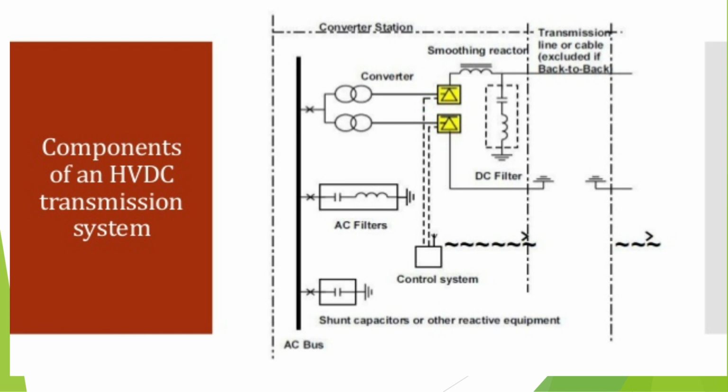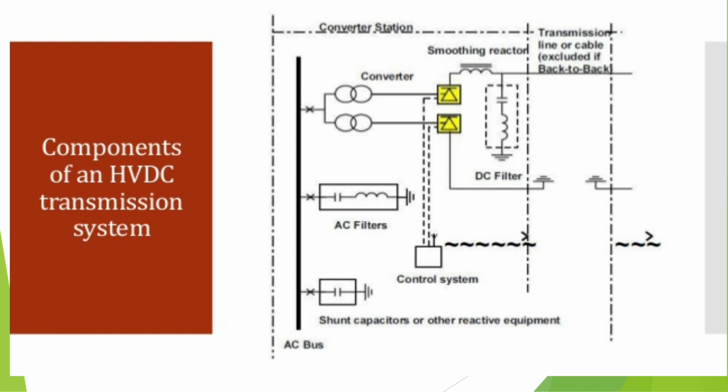So the main purpose of the converter is to convert the AC current to the DC current and DC current to the AC current. That means each converter will operate as either a rectifier station or an inverter station. So that's why the name is converter.